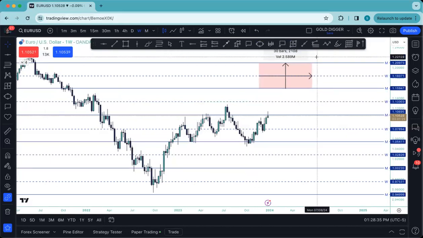Okay. So that is finding and identifying your monthly and your weekly levels.